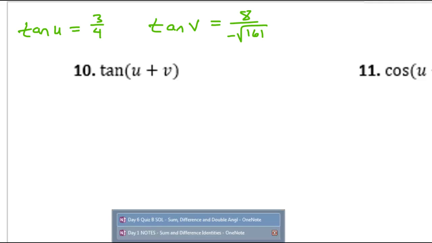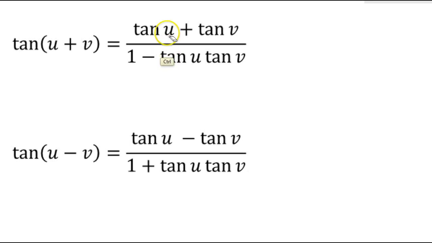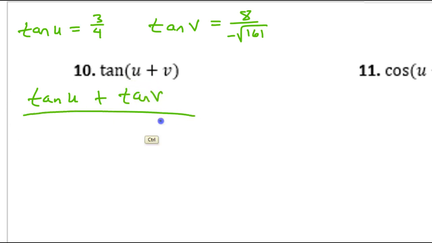Anyways, the formula for the sum of tangent is this: tangent plus tangent over 1 minus tangent tangent. So that's why I'm going to write tangent of u plus tangent of v over 1 minus tangent u tangent v.